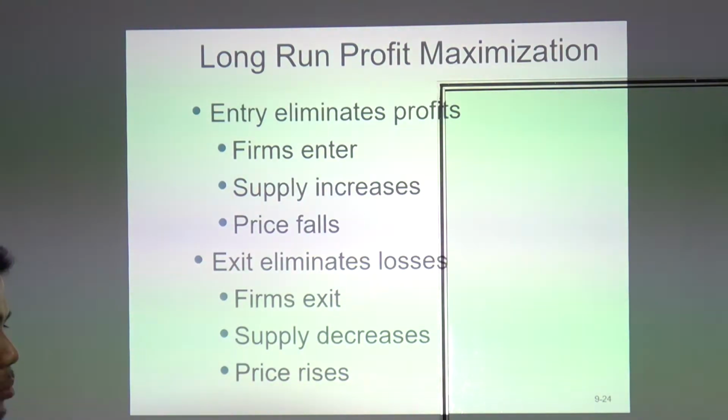Secondly, if the firms are currently making losses, some of them will not be able to absorb these losses for long, so they will decide to exit the industry. This will result in a lower supply curve, and therefore the price will go up. This will result in the elimination of losses.